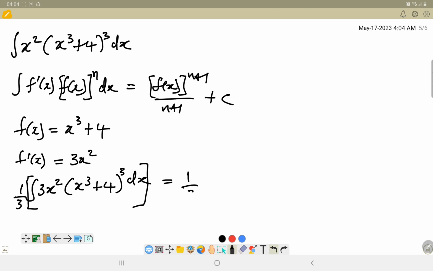So we'll have 1 over 3. Then our f of x is x to the power 3 plus 4. Our n is 3. So 3 plus 1 is 4, over 4 plus c.